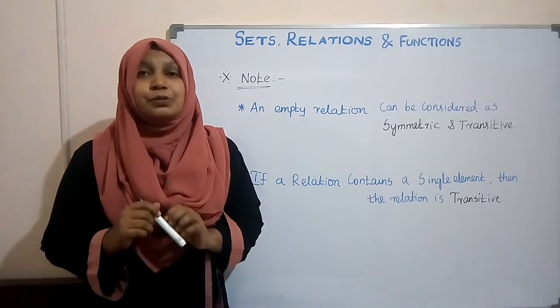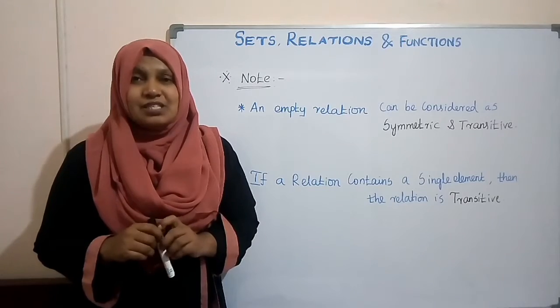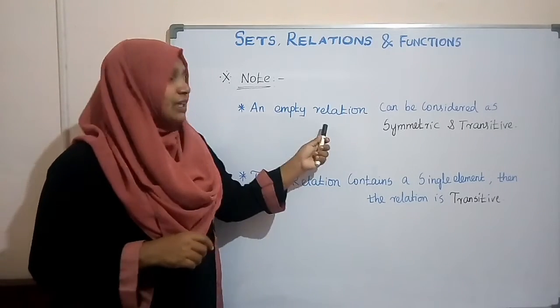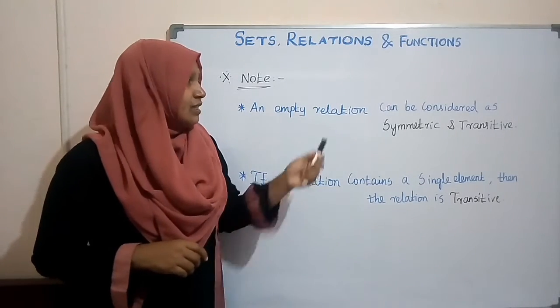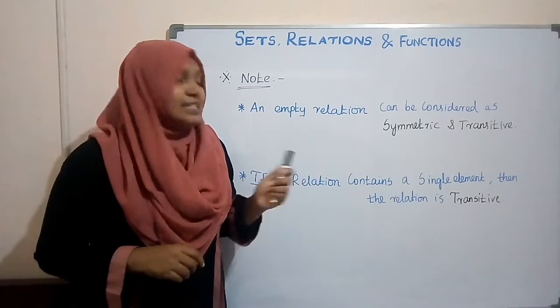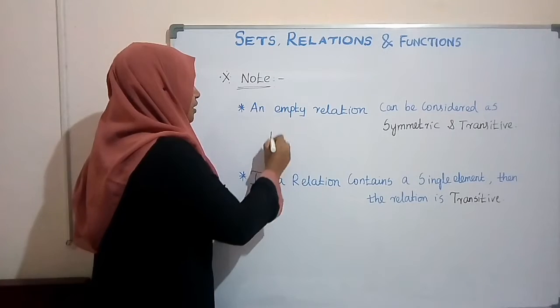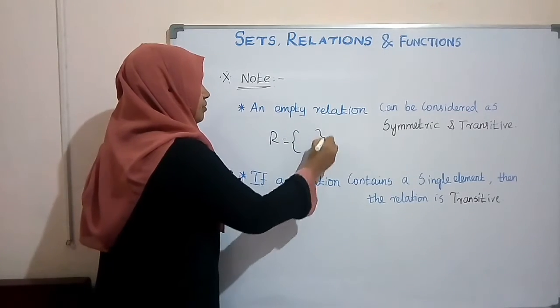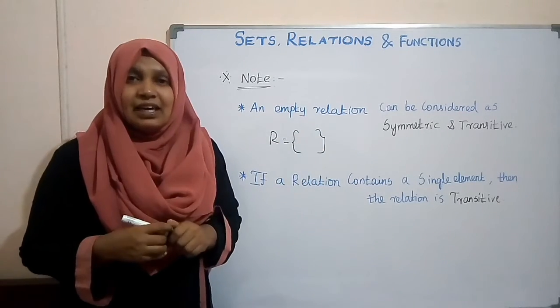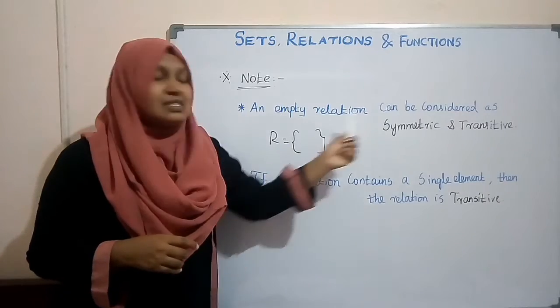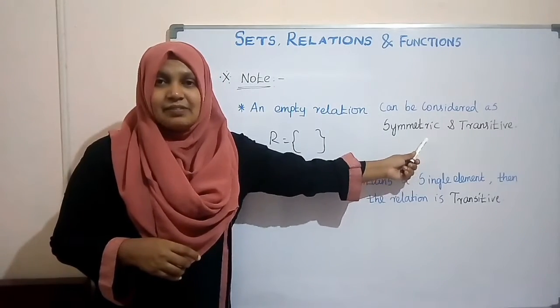So now you have two important notes. The first one is that an empty relation can be considered as a symmetric and transitive relation. Suppose your relation R is an empty set, then directly we can say that this relation R is symmetric and transitive.